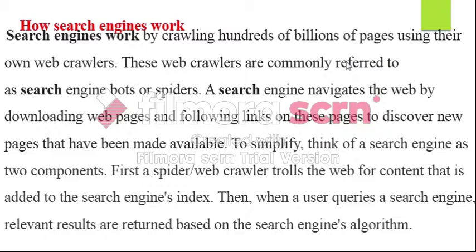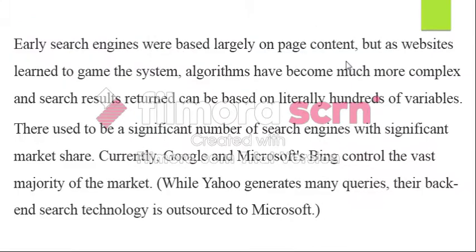To simplify, think of a search engine as two components. First, a spider or web crawler trawls the web for content that is added to the search engine's index. Then, when a user queries a search engine, relevant results are returned based on the search engine's algorithm.